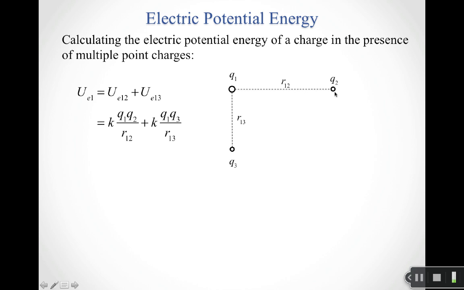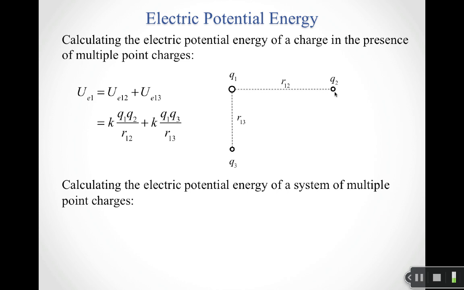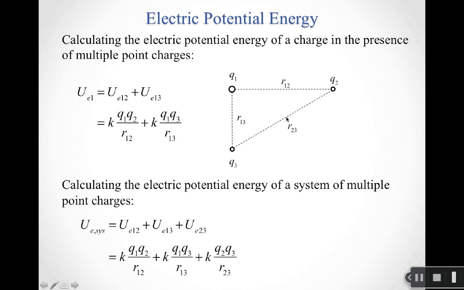So I've got two terms, one for each interaction that the charge I'm interested in has with all the other point charges in the area. If I want to calculate the potential energy of the system, then I just need to add in that third interaction. So I've got an interaction between 1 and 2, an interaction between 1 and 3, and an interaction between 2 and 3.